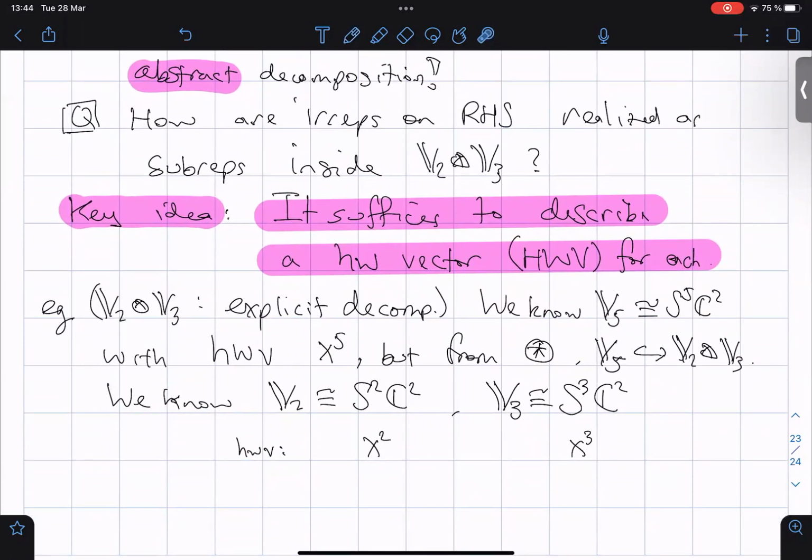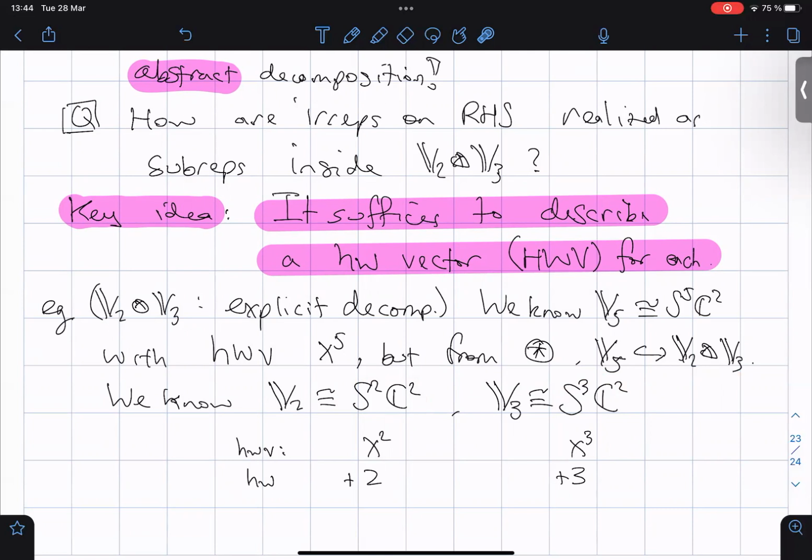I want a highest weight vector for this V5. I'm writing these out as these models: in each case, I have polynomials in x, y of degree 2 and of degree 3, and these are the highest weight vectors. What are the weights? 2 and 3. So what is a highest weight vector for this V5 as it sits in there?